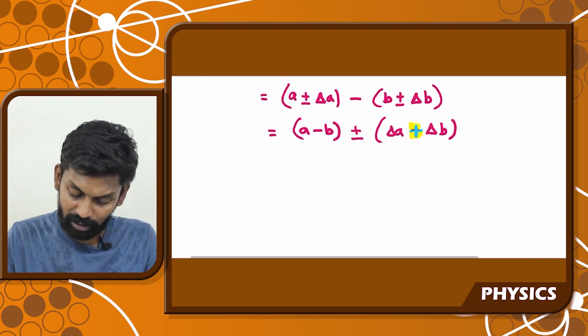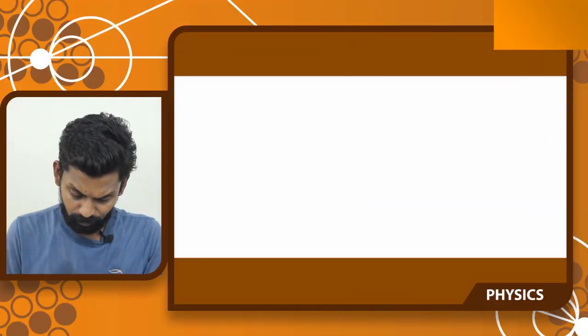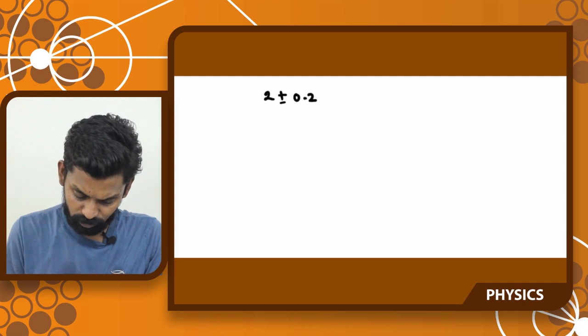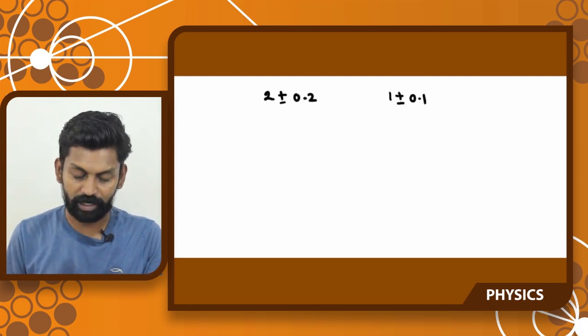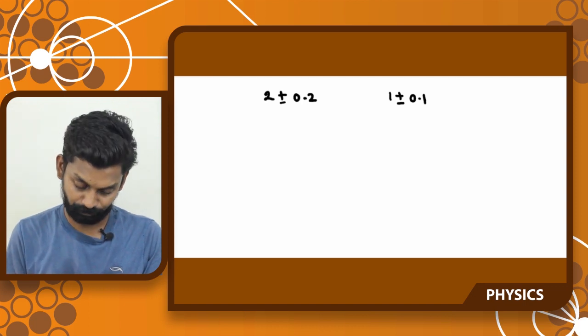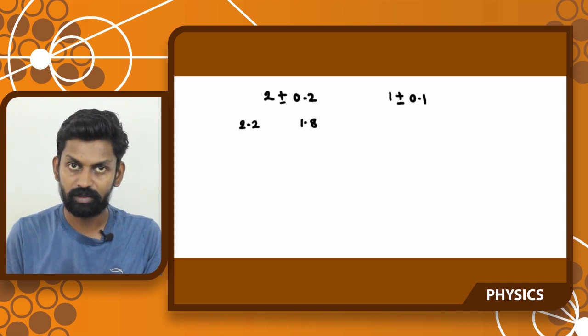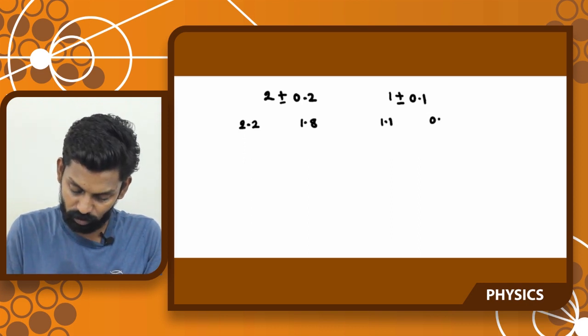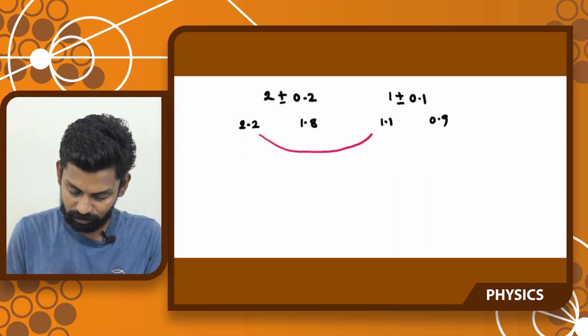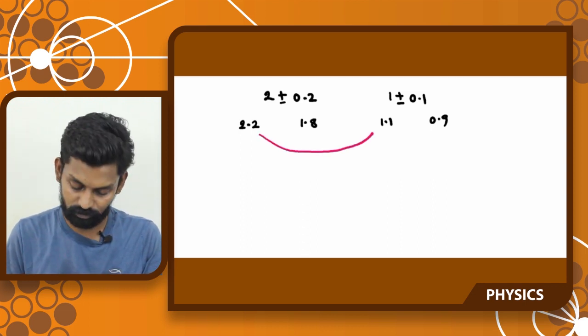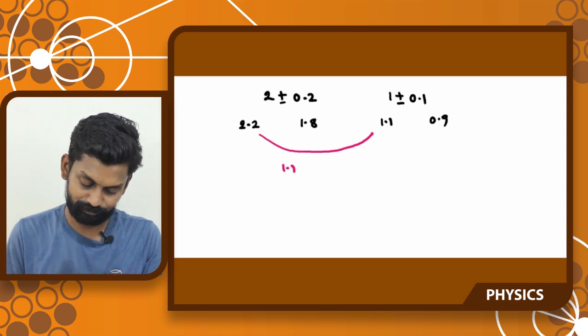I will prove this with the help of our previous example. P is 2 plus or minus 0.2 and Q is 1 plus or minus 0.1. So we will write down the maximum and minimum values: 2.2, 1.8, and here 1.1 and 0.9. First we subtract the maximum and maximum: 2.2 minus 1.1 is 1.1.